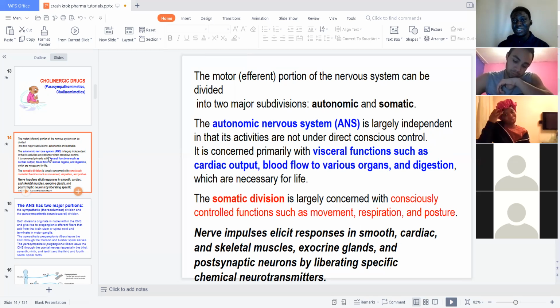The somatic nervous system deals with the skeletal muscle and the skeletal system, while the autonomic focuses on the sympathetic and parasympathetic. For cholinergic drugs, we're going to be focusing on the parasympathetic system. The parasympathetic system is rest and digest. It has to do with the visceral organs, so the stomach, the intestine, and also the heart, the cardiac output.